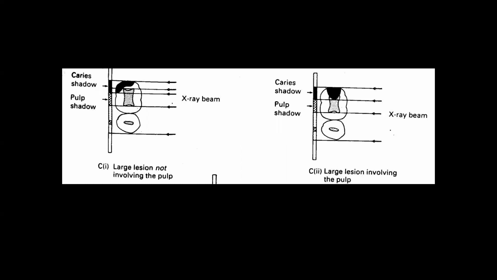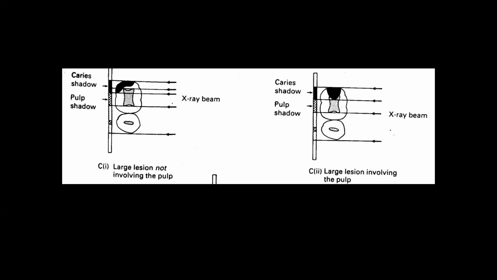Here, when there is a large proximal lesion, the first one is showing a large proximal lesion that is not involving the pulp. Even if we give a correct angulation, taking a radiograph, there will be superimposition of this large lesion over the pulp, which is shown in the image.